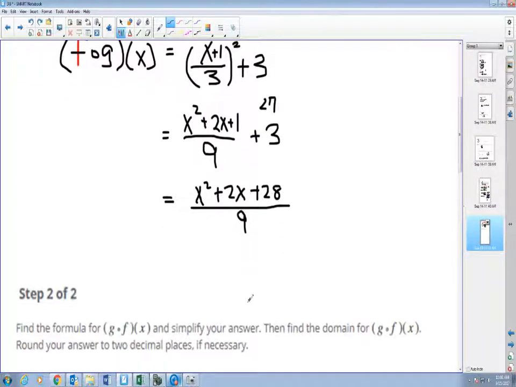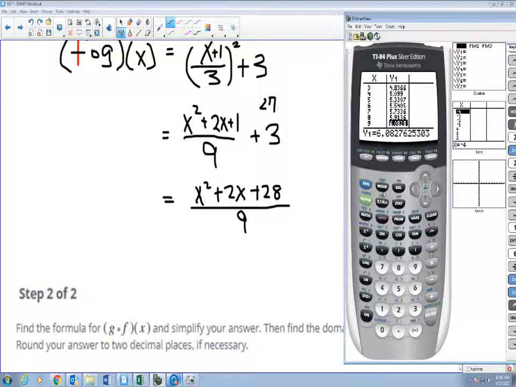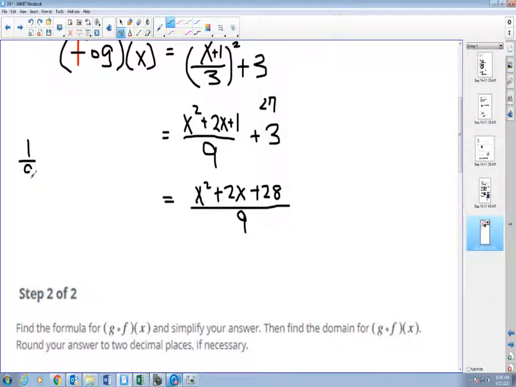Find a domain. Gotta find a domain for this. Let's graph it. This is really not a rational function, okay? Because this over 9 can be put up front and be viewed as 1/9 times the quadratic function. This is actually a quadratic function. That's what we'll notice. This is going to be a u open upward.